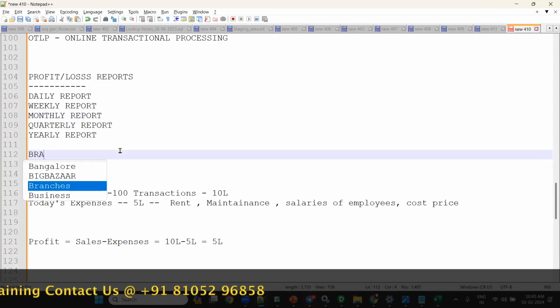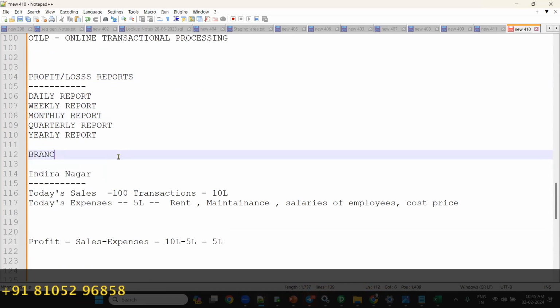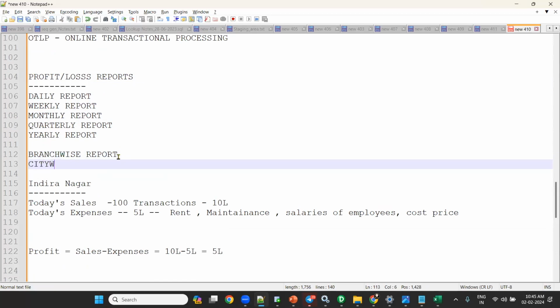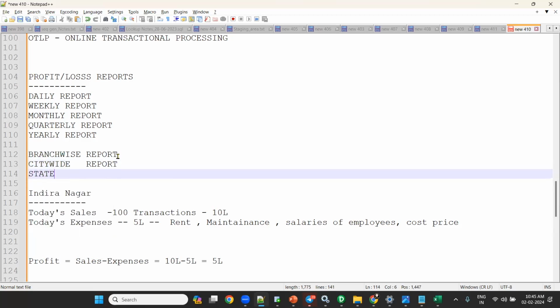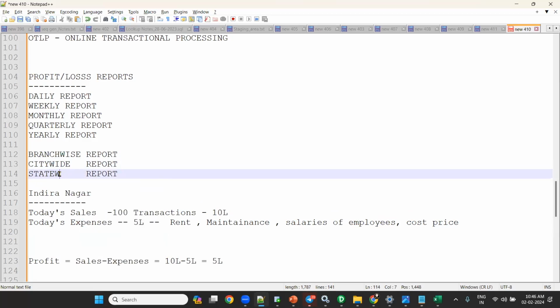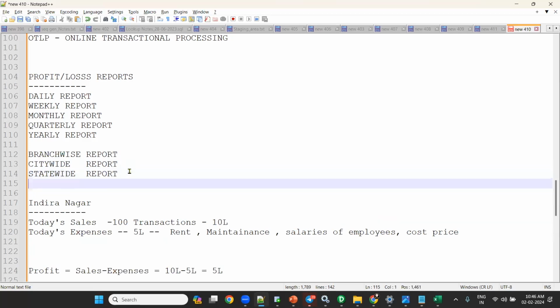In Indiranagar, how much? I want a city-wide report. In total Bangalore, there are 10 branches. City-wide report, state-wide report. In total Karnataka, there are 50 branches. I want a state-wide report. I want a zonal-wide report, correct?